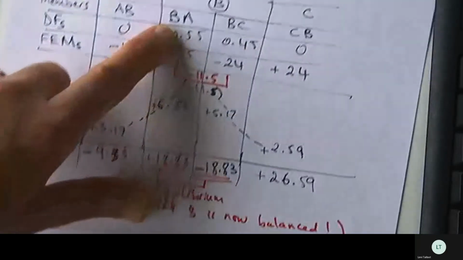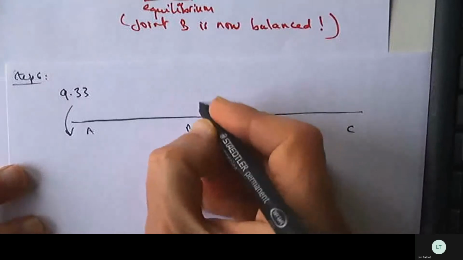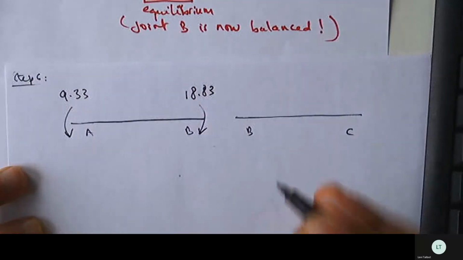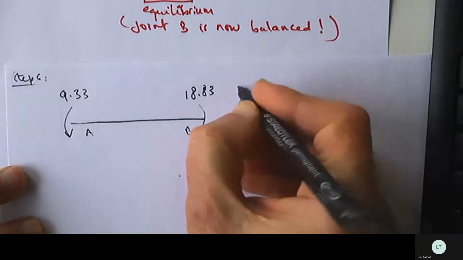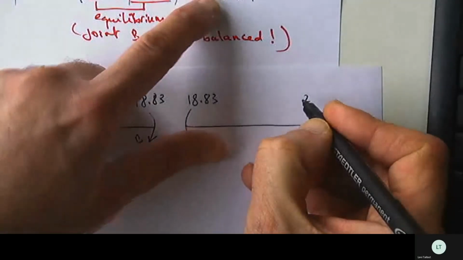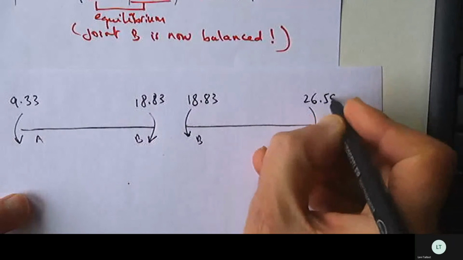Then at B, on BA, I have 1883 clockwise. Then at B, on BC, I have anti-clockwise 1883. And finally at C, I have positive clockwise 2659.